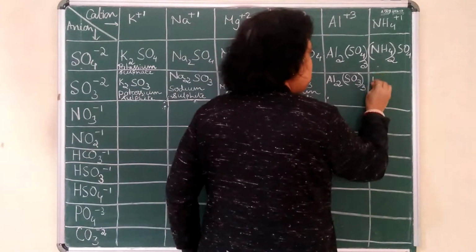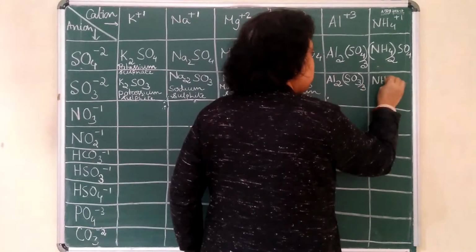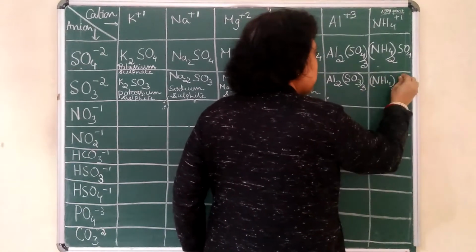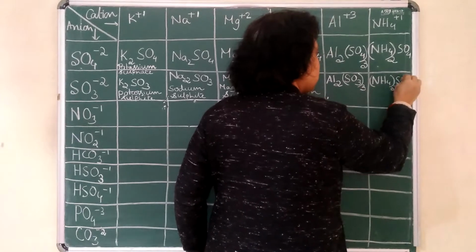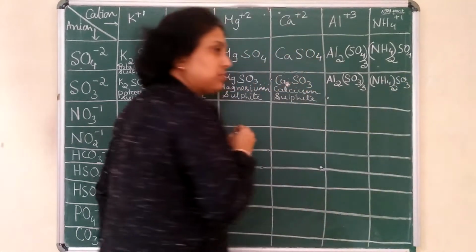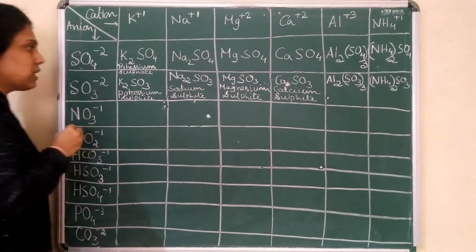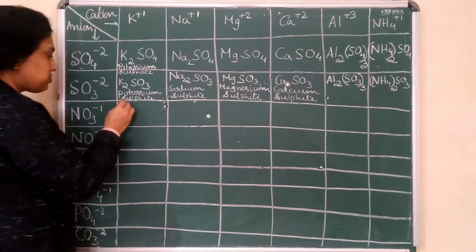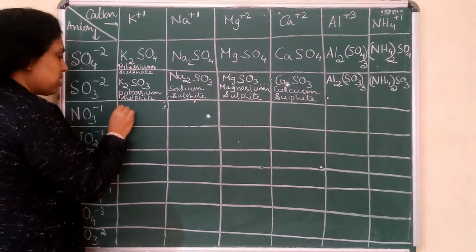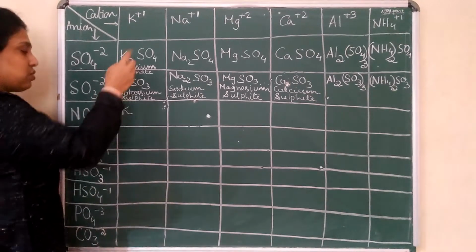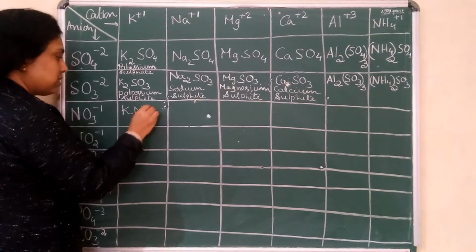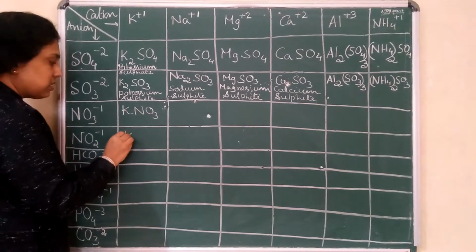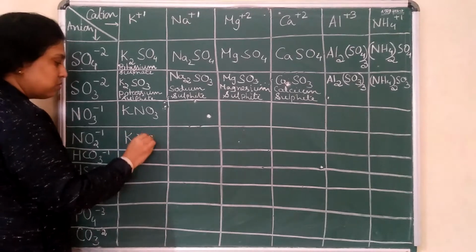Same way ammonium: the valency, the sulfite valency, and then SO3. Understood? Like this. Now it is nitrate. For nitrate, potassium 1, nitrate 1, so the 1 will be cancelled: KNO3. Nitrite, KNO2.